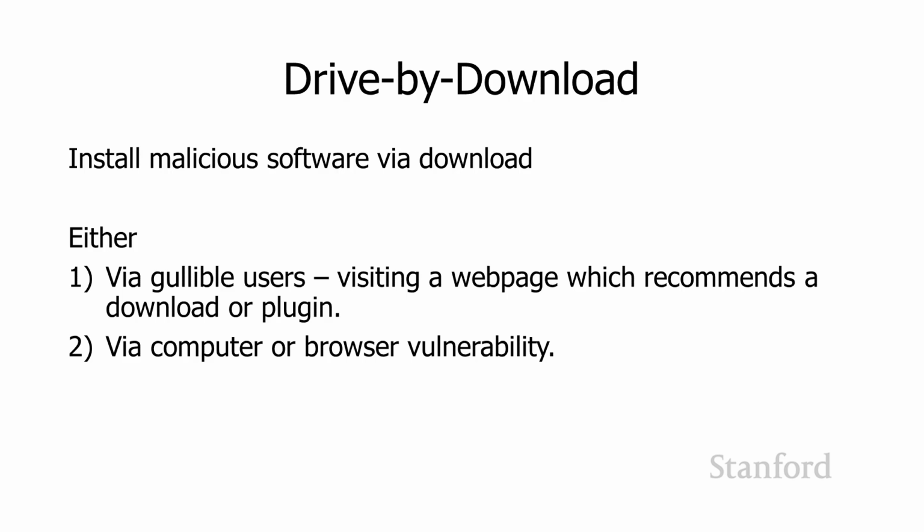They visit our website and we claim there's a plugin that they need to download, or we start up a download message saying, hey, we think you have a virus, click here and we'll clean it up for you. Alternatively, web browsers will sometimes have security vulnerabilities that allow the website to download something on the computer directly. So a web browser vulnerability could be identified where if you visit the website, it forces the download or installation of something.